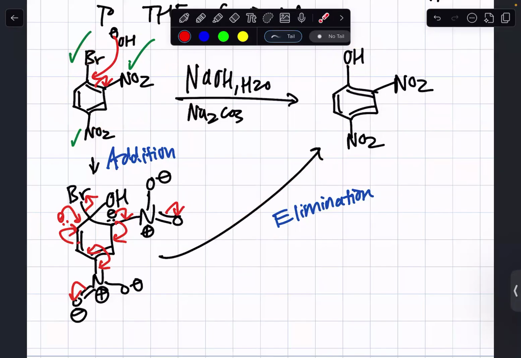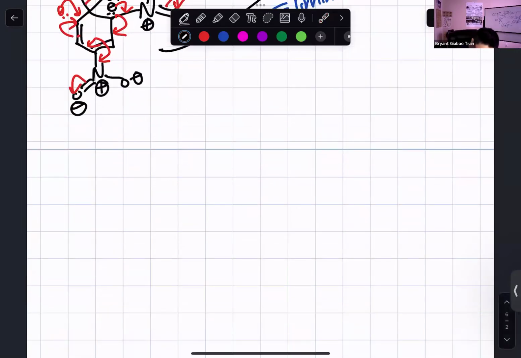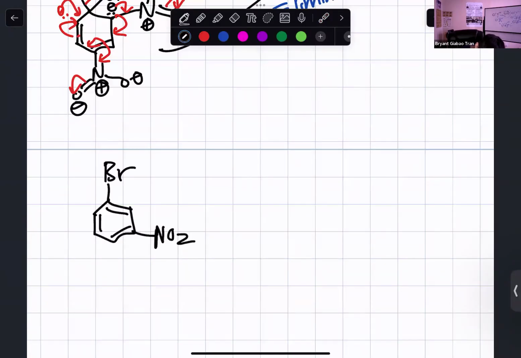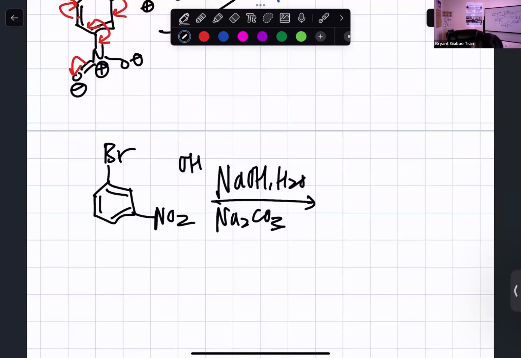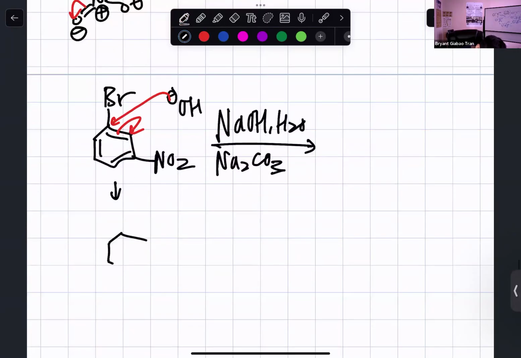This would not work with a meta EWG, because let's say we have NO2 meta to the leaving group and we use the same reagents, NaOH, water, bicarbonate, Na2CO3, and we try to do the same mechanism, attack that carbon, put a negative charge on that ortho position.